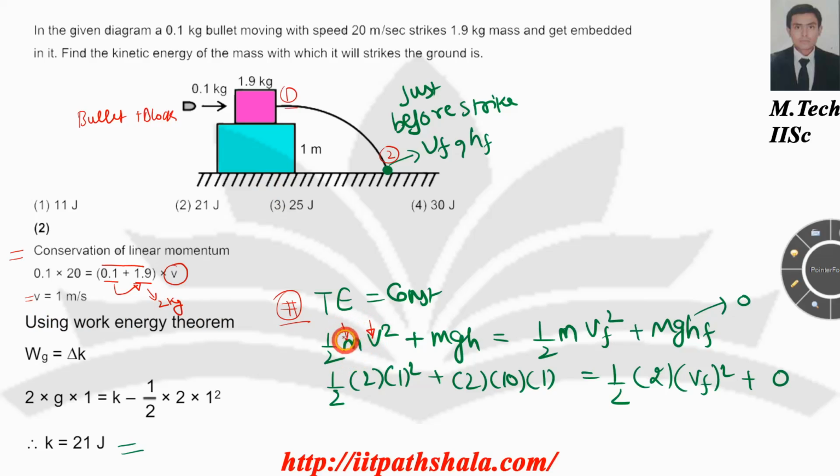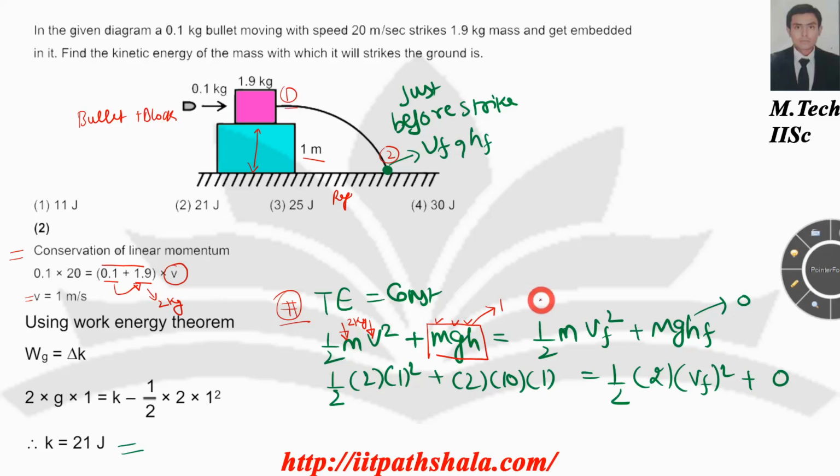I have taken care of the mass, which is 2 kg, because the bullet is embedded into the 1.9 kg block, so they make a single system, bullet plus block. Because they are at a certain height from the reference, which is 1 meter here, the gravitational potential energy is mgh, where h is 1.